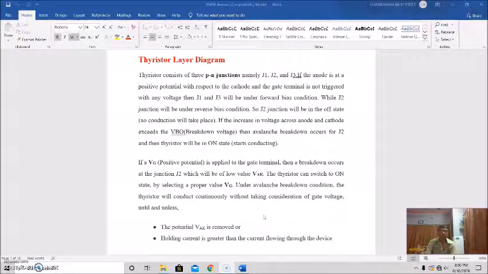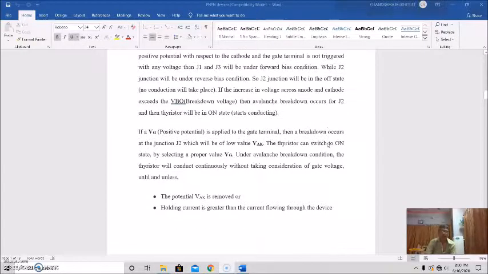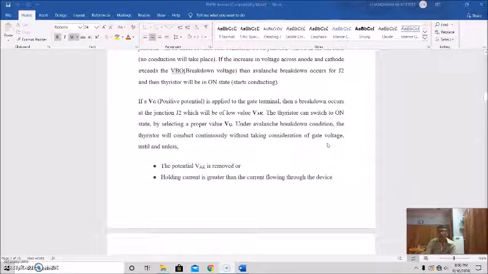If the voltage across anode and cathode increases and exceeds the forward breakover voltage VBO, then avalanche breakdown occurs at junction J2, and the thyristor will be in the on state and start conducting. Now, if a positive gate voltage VG is applied to the gate terminal, breakdown occurs at junction J2 at a lower value of anode-cathode voltage VAK, and the thyristor can switch on by selecting a proper value of the gate voltage VG.